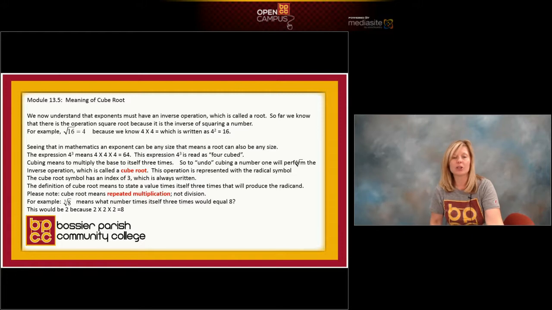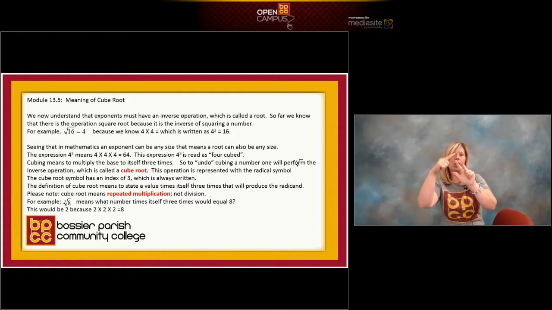So if you look down at your PowerPoint, it says the cube root of 8. I'm asking you to take that radicand 8 and do the operation cube root. I'm asking you in words, what number can you multiply 3 times that would make 8? Well, would it be 1? No, because 1 times 1 times 1 would still be 1.